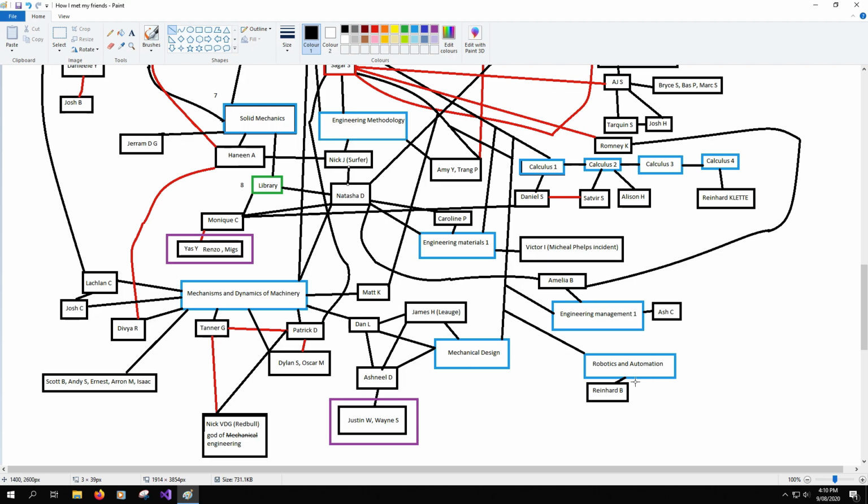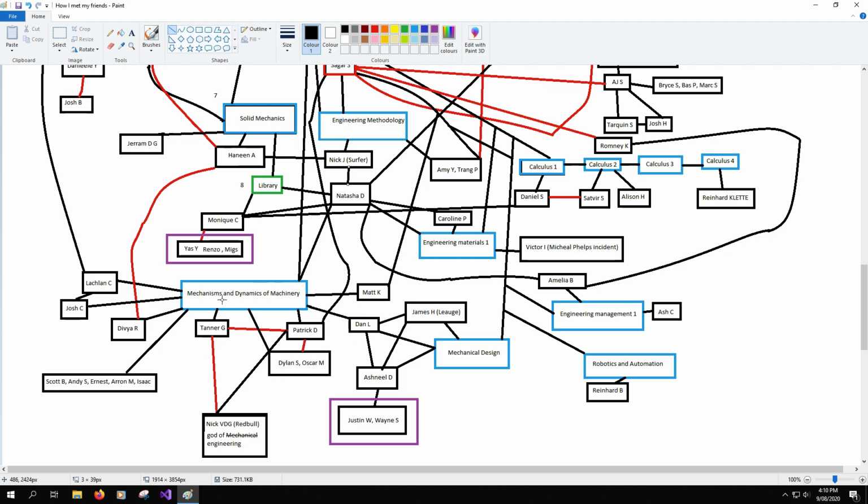So for robotics, I met Reinhard B. For mechanical design, I met James H. Plays League. I met Dan L. I met Ash Neil D. They're all interlinked because we worked on a project together.